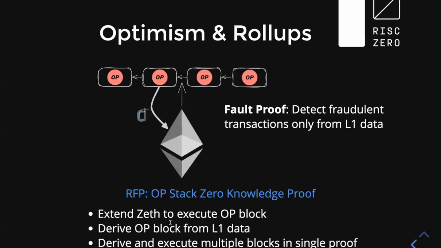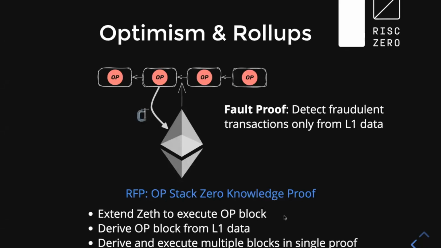You need to extend Zeth to handle OP blocks. That is actually done already. That is rather easy because fortunately Optimism blocks are very similar to Ethereum blocks, with only some fee changes. Then you need to derive OP blocks from L1 data in a verifiable way. That is something we are currently working on.